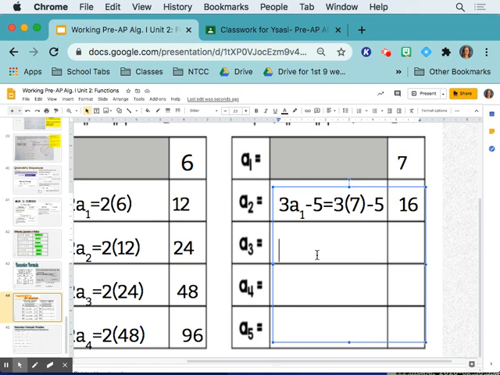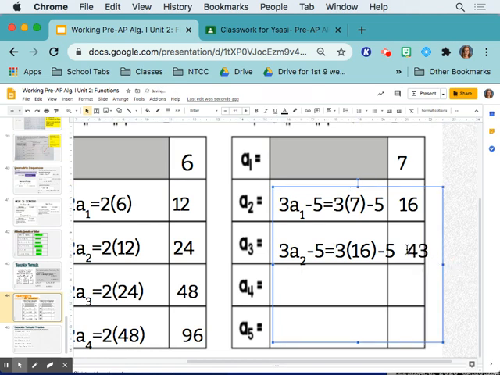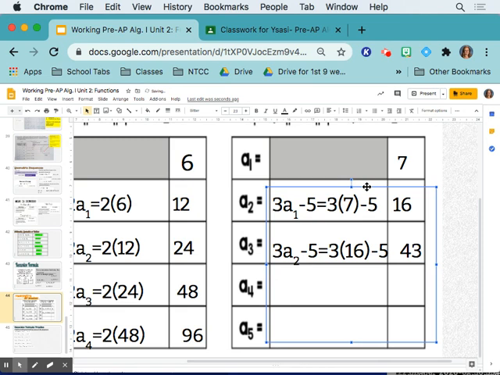All right, let's do the next one. We do 3 times a subscript 2 minus 5. So this time we're multiplying 3 times 16, minus 5. That gives you 43.